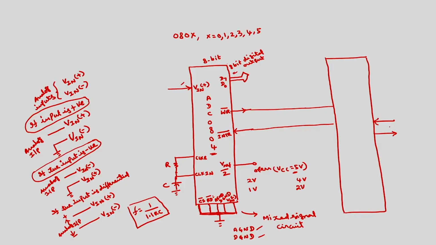We discussed it in the earlier classes. Then this digital output has to be connected to 8255. It also has an 8-bit data bus. I will simply connect these two data buses together, so that data transfer can take place between ADC and 8255.